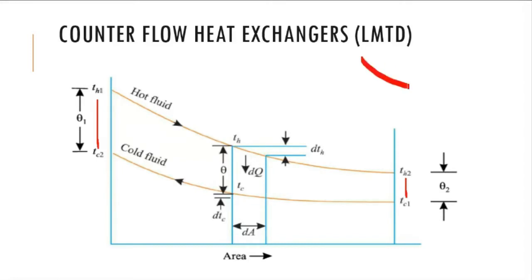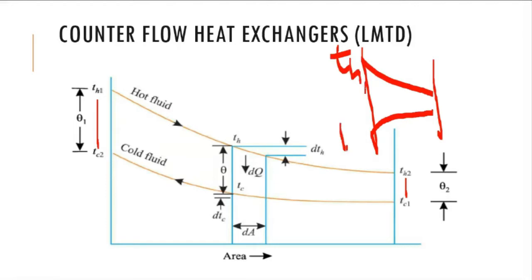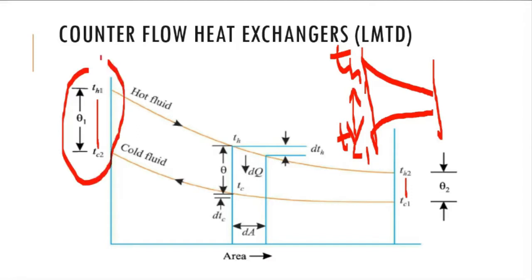But if we recall the previous case, the parallel flow heat exchanger, this temperature was Th1 and this temperature was Tc1. So for the previous derivation, the theta 1 value was equal to Th1 minus Tc1. In this case, theta 1 value is Th1 minus Tc2. So this is the first change.